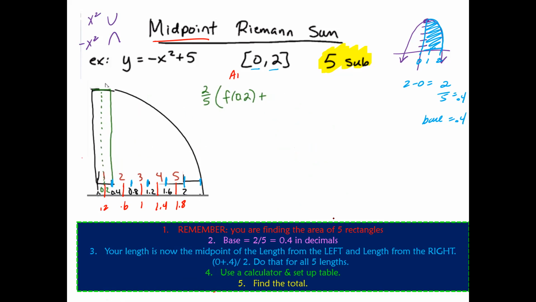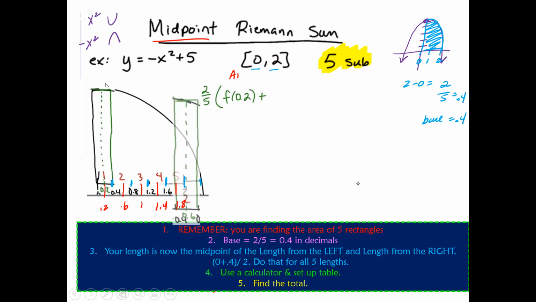Well, your height for your rectangle will have to be the height at the middle, or the midpoint. So like before when we did the left and right Riemann sum, you would do f of 0 for the left, f of 0.4 for the right. But because you're doing the midpoint, your midpoint is 0.2. So we're going to do f of 0.2.